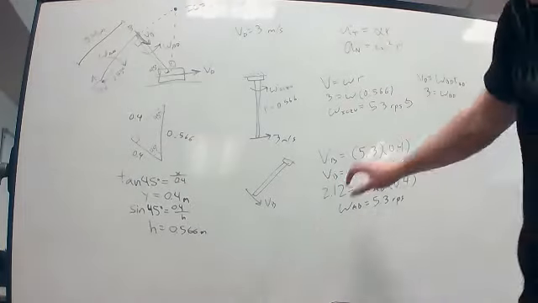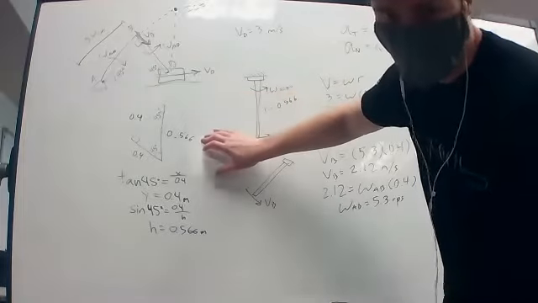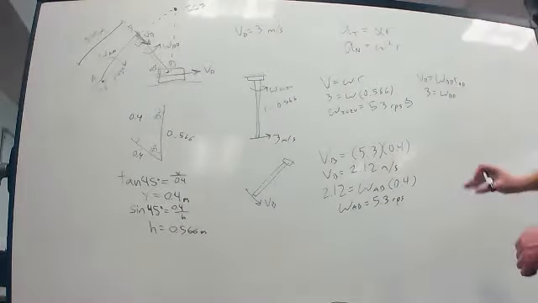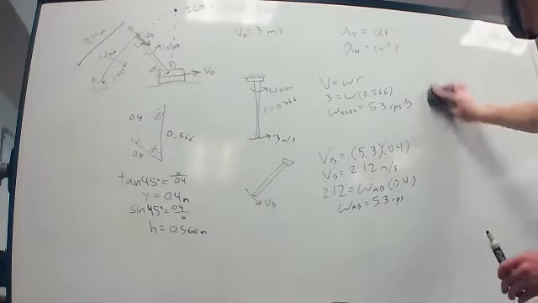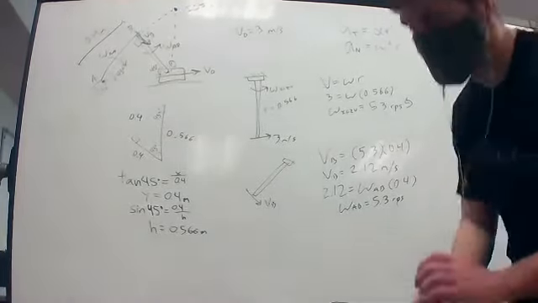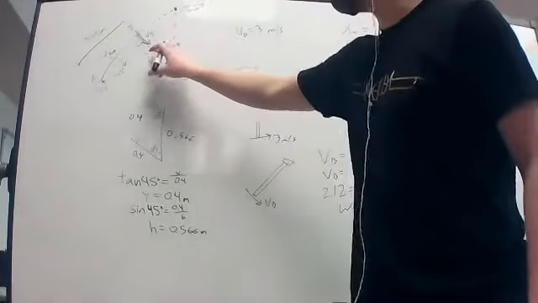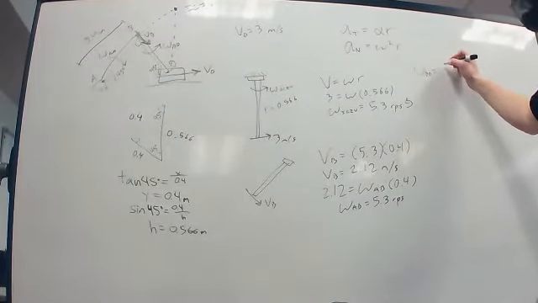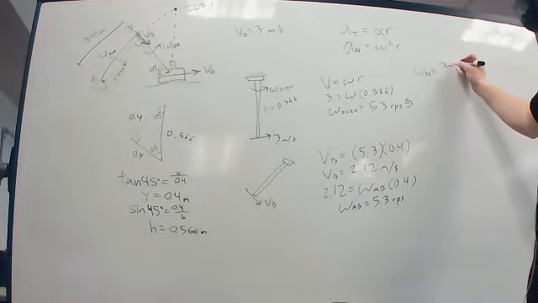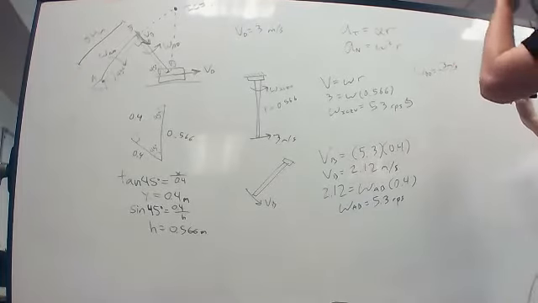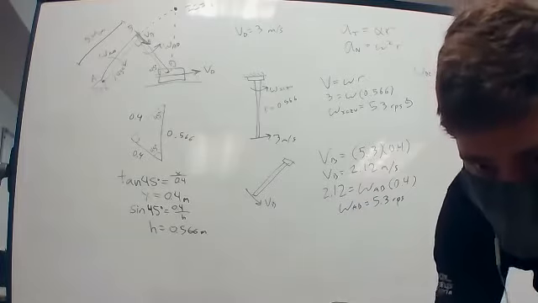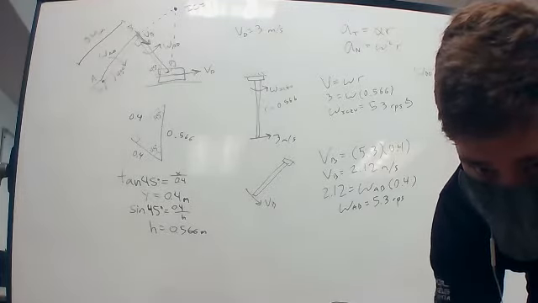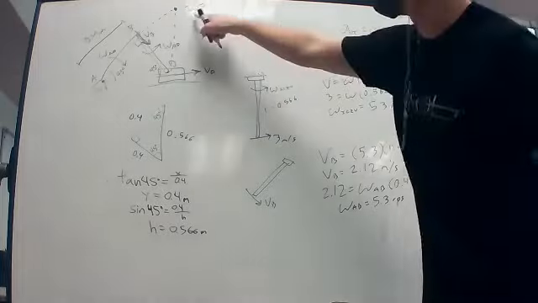So what they say is after finding this R from D to ICZB value, you can immediately say that the omega from B to D, so the omega here, is equal to your velocity, 3 meters per second, over the radius that we found from here.